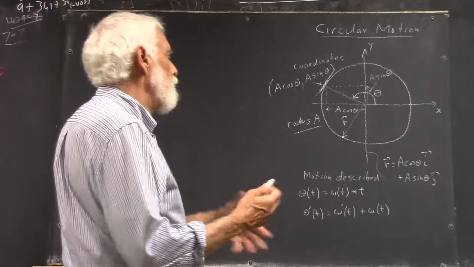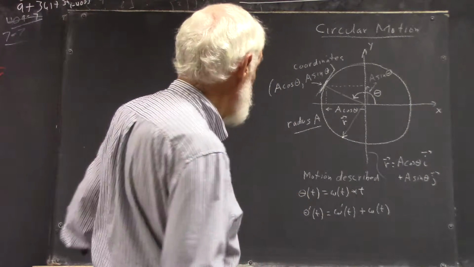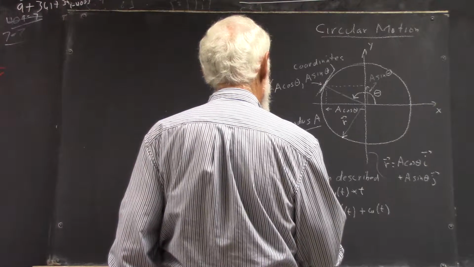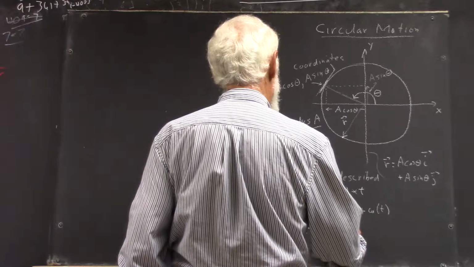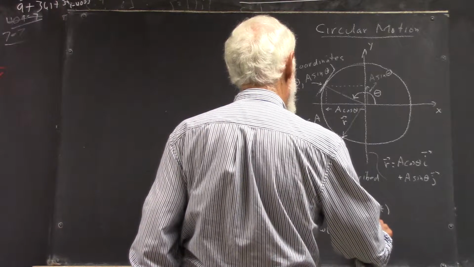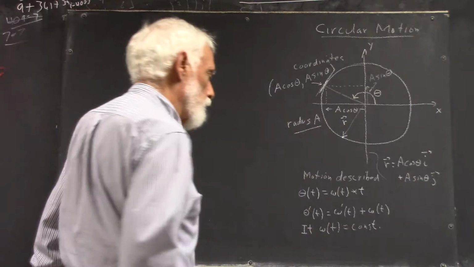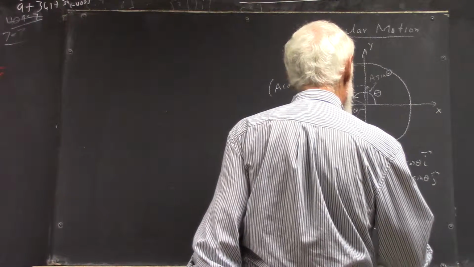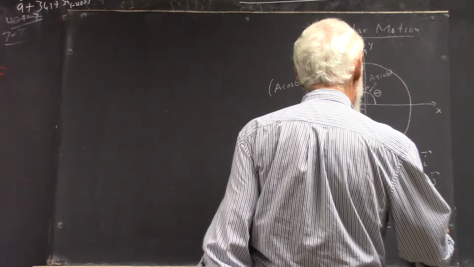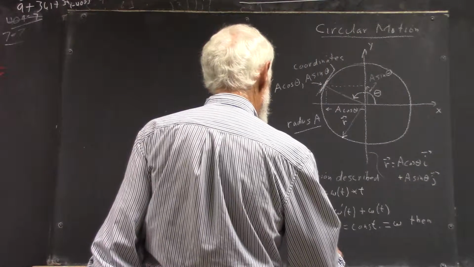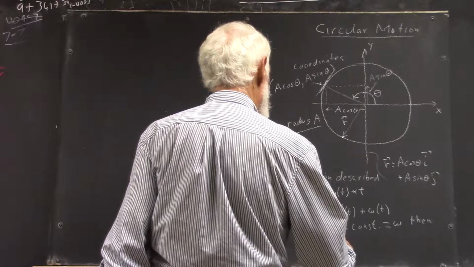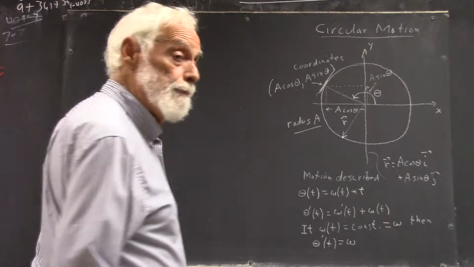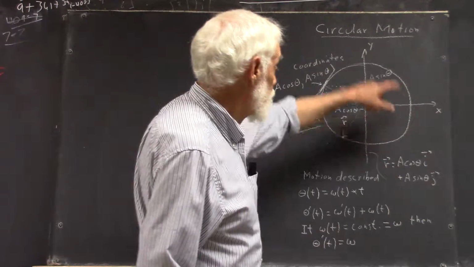And of course then you could have a theta double prime and all that stuff. If omega of t equals a constant, and we'll write that just as omega, then theta prime of t just equals omega. And that's the first case that we're going to look at.